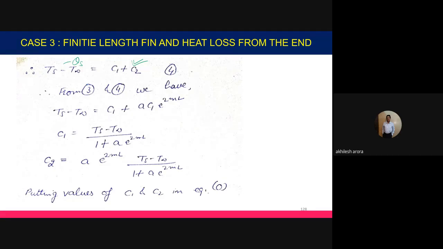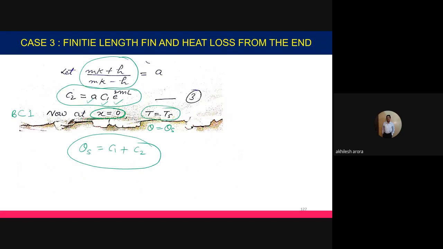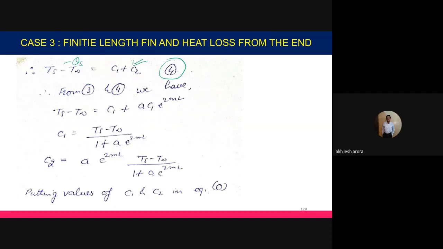Now this is equation number 4 here. And what was equation number 3? This was equation number 3 where we have calculated the value of C2 in terms of C1. And we can put this value of C2 here. So if we put the value of C2 in terms of C1, so this is the whole value of C2. So now we are in a position to calculate the value of C1. So C1 comes out to be this value.